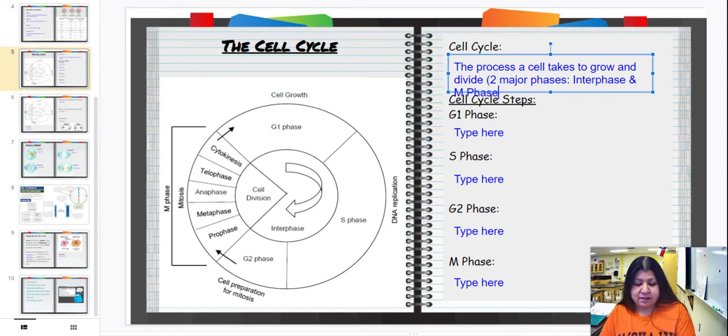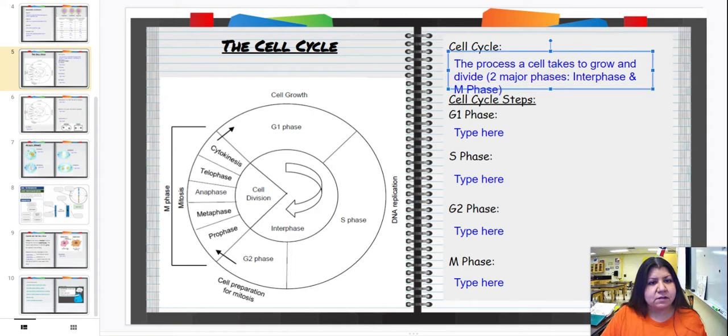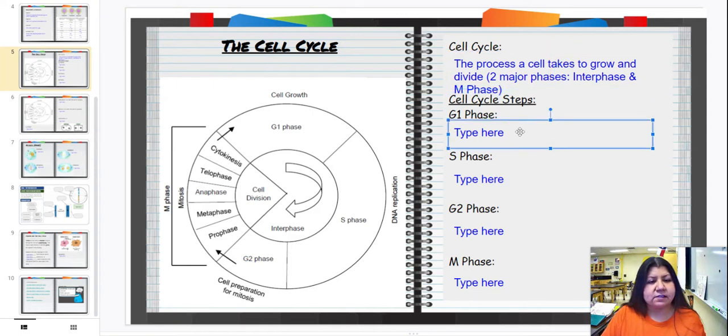I'm going to move my little text box just a bit. If I look at my diagram, I can see interphase takes up G1, S, and G2, so it takes up the majority of my cycle. M phase, which is over here on the left, consists of mitosis and cytokinesis. M for mitosis.